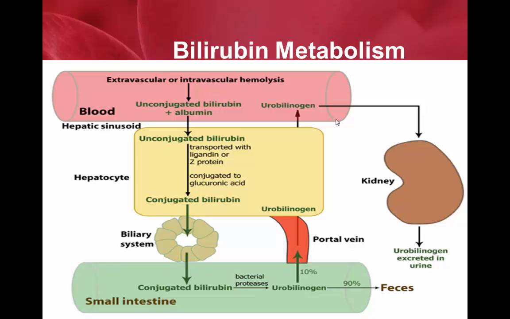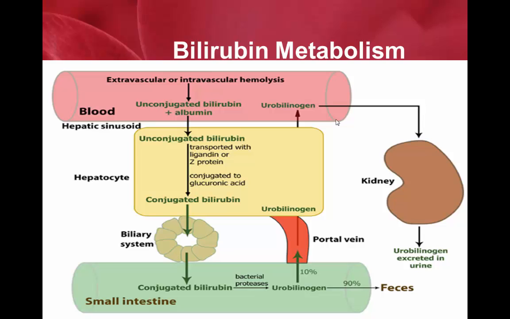So any intrahepatic liver disease, and that relates to cirrhosis of the liver, hepatitis in the past, hepatocellular carcinoma, as well as whatever connection the liver has with other organs, for example, the gallbladder, having cholecystitis or cholelithiasis, or the pancreas, pancreatitis, or the duodenum, duodenitis. All these diseases will give you conjugated hyperbilirubinemia, or direct hyperbilirubinemia.